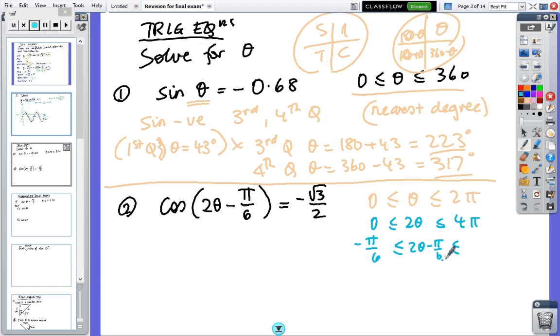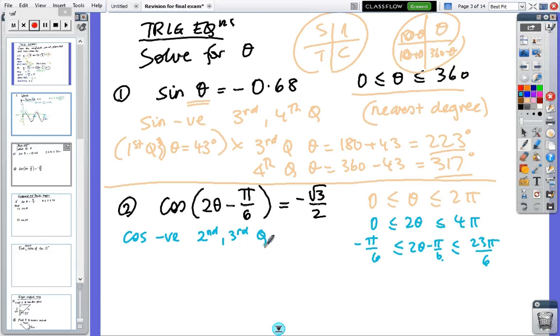So 6 is 24, so it's 23 pi on 6, which means I've subtracted a pi on 6 from both ends. Okay, so we've got cos is negative, so cos is negative in the second and third quadrant.